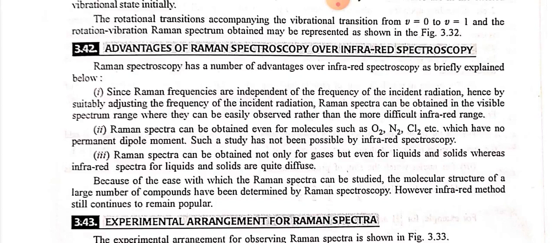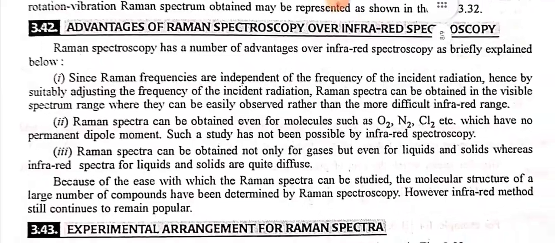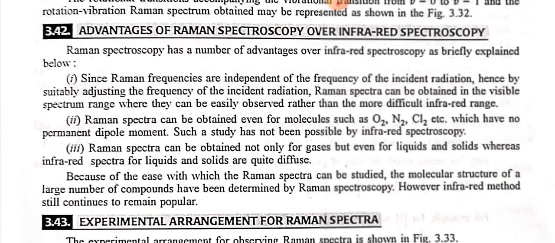First, since Raman frequencies are independent of the frequency of incident radiation, by suitably adjusting the frequency of incident radiation, the Raman spectra can be obtained in the visible range, which can be observed rather than in the more difficult infrared range. Second, the Raman spectra can be obtained even for molecules such as O2, N2, Cl2, etc., which have no permanent dipole moment. Such a study has not been possible by infrared spectroscopy.